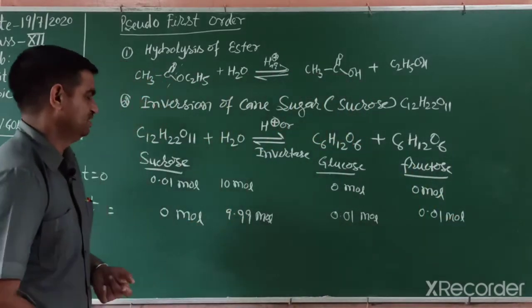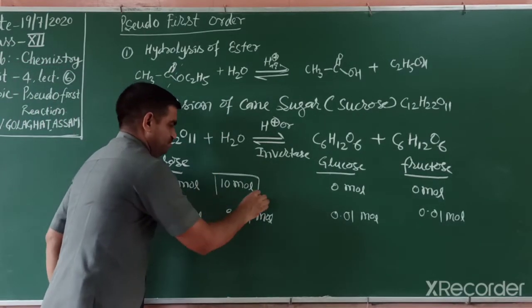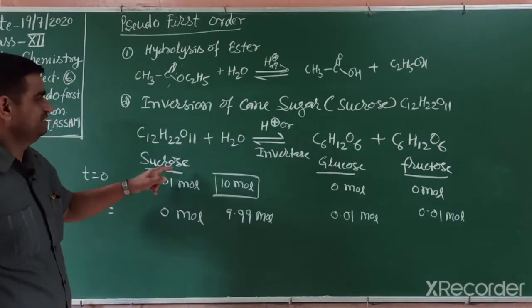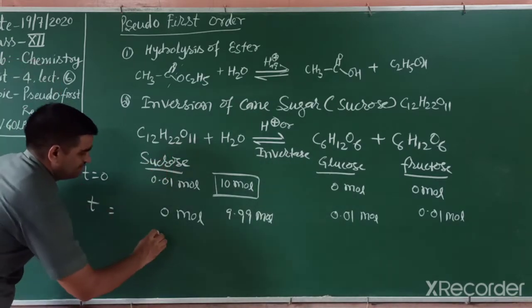So if one reagent is in excess, the rate of reaction depends on only one component. So how can we write its rate law?